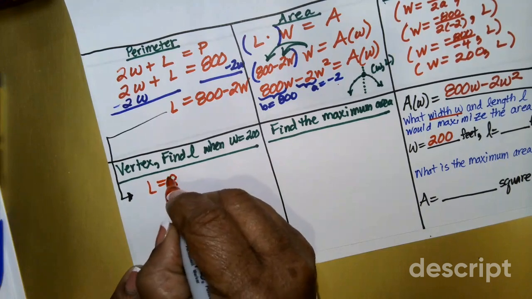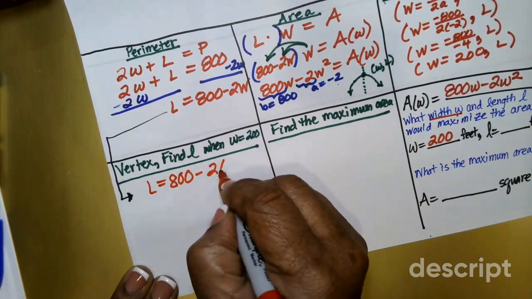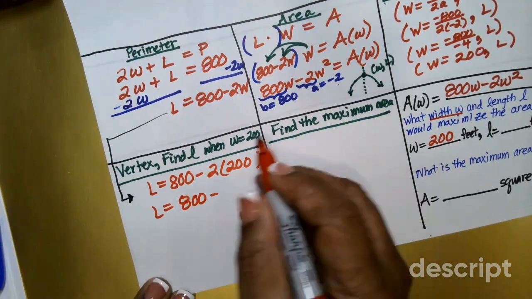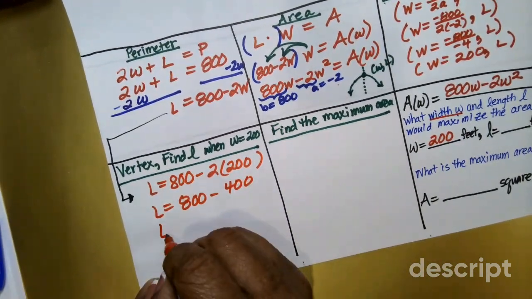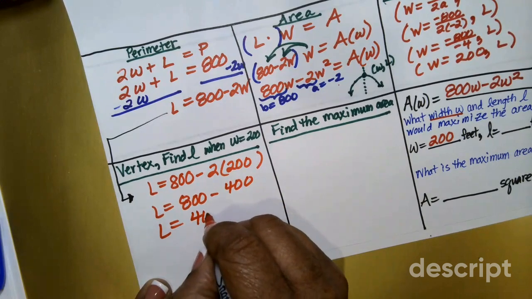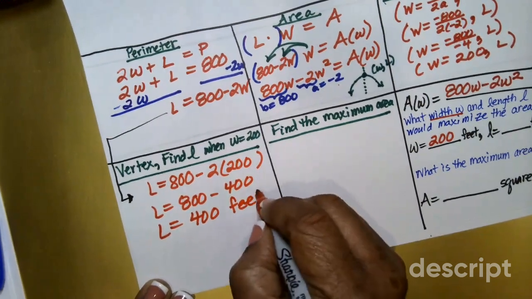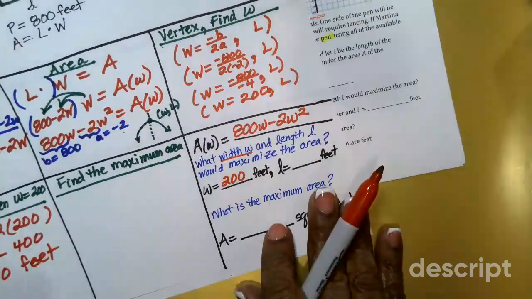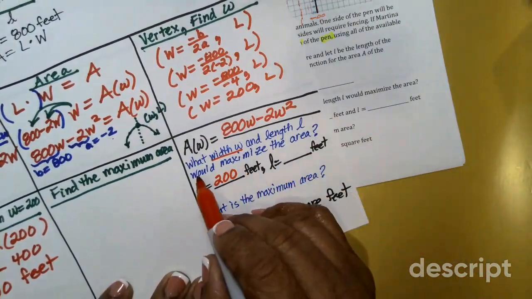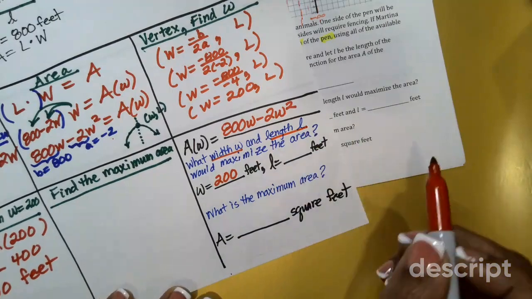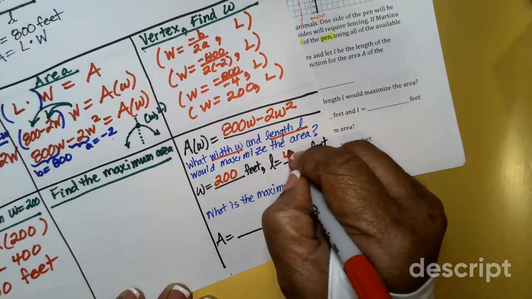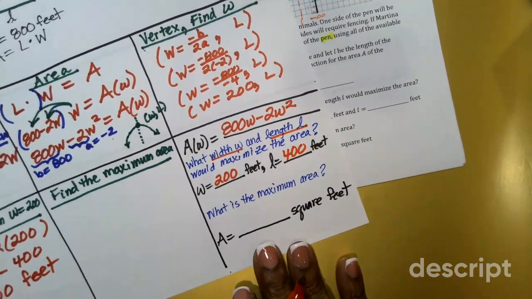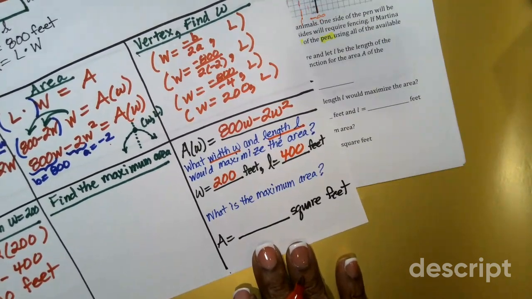L equals 800 minus 2W, and the maximum width is 200. 2 times 200 is 400. 800 minus 400 is 400. So we know the length that would maximize the area is 400 for this other part of this question. Now, what length would maximize the area? 400 feet.